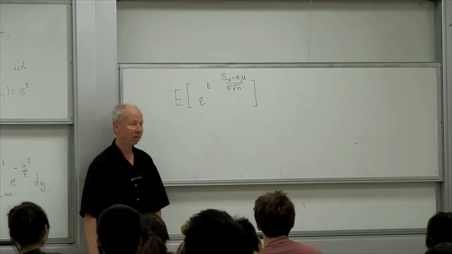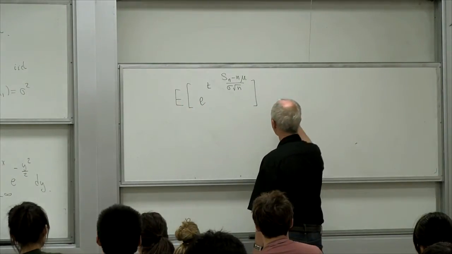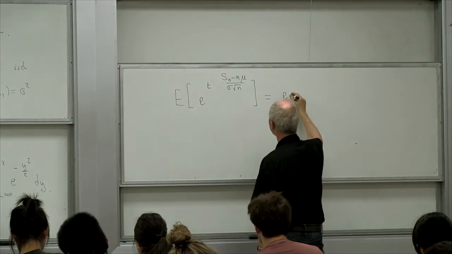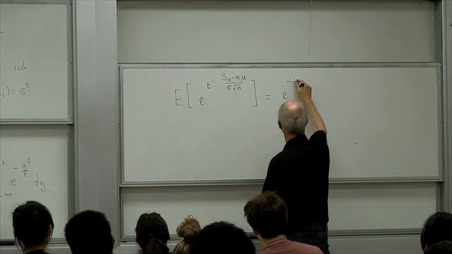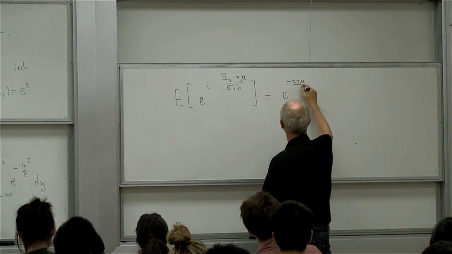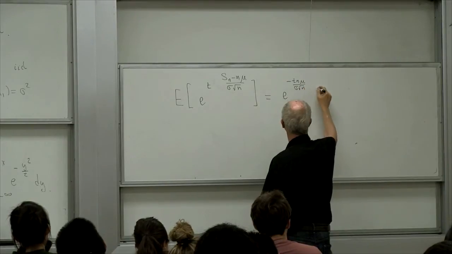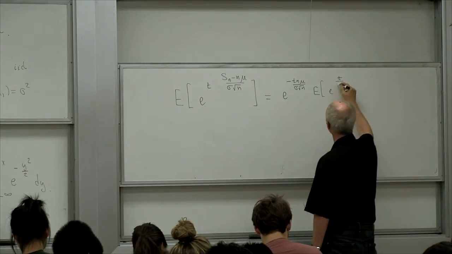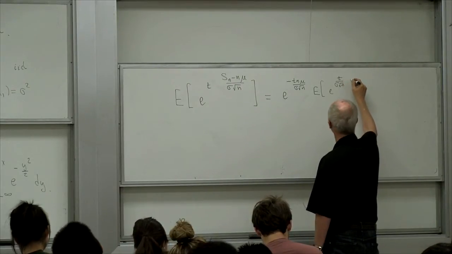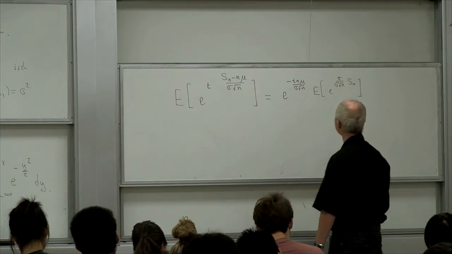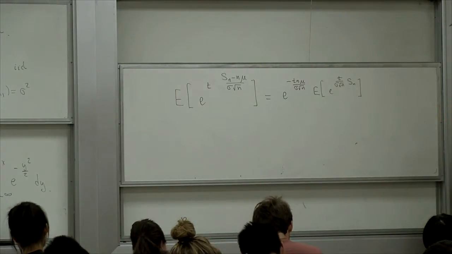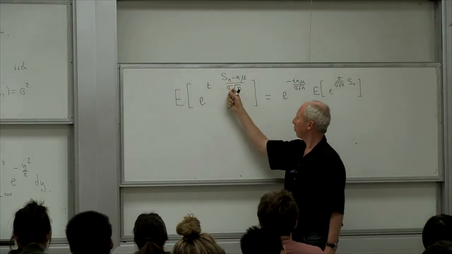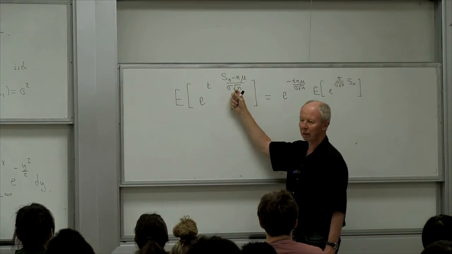I think this is legitimate. Here I can think of having Sn over this number and then minus n mu over this number, right?